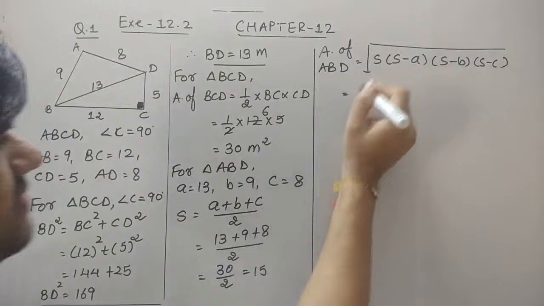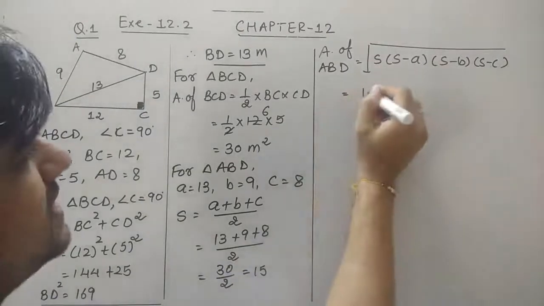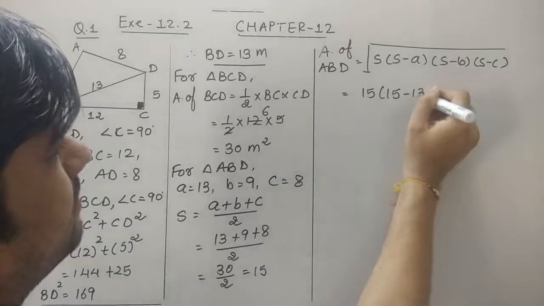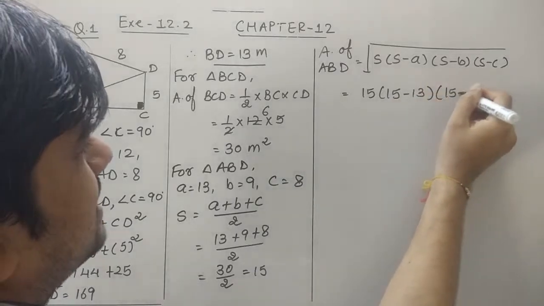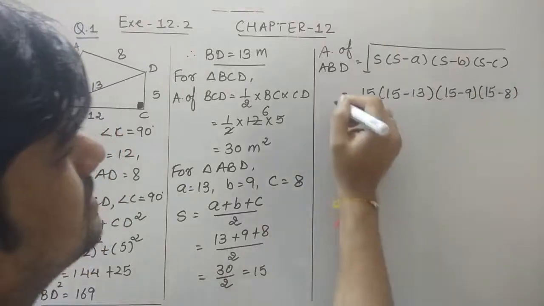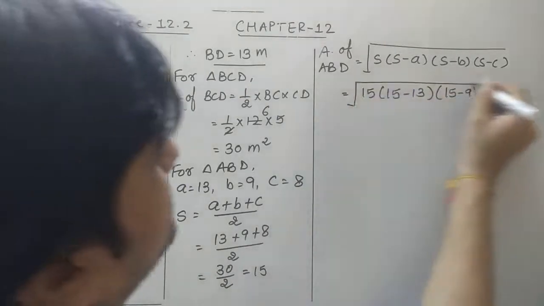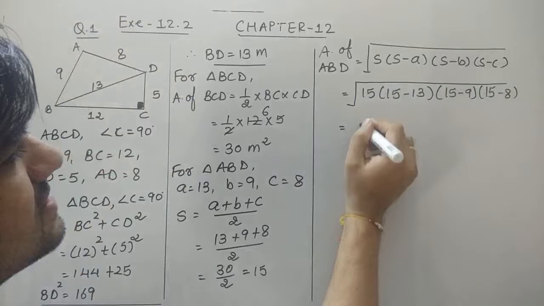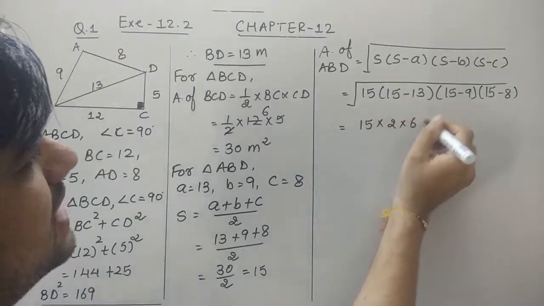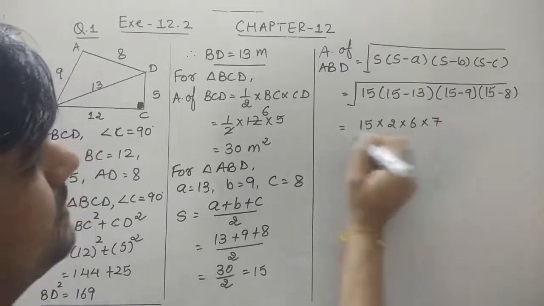Let us substitute the value of S. 15, then S minus A, that is 13, S minus B, that is 9, and S minus C, that is 8. This is the same way which we have done in all the sums of the previous exercise. 15, the subtractions are 2, 6, and 7.